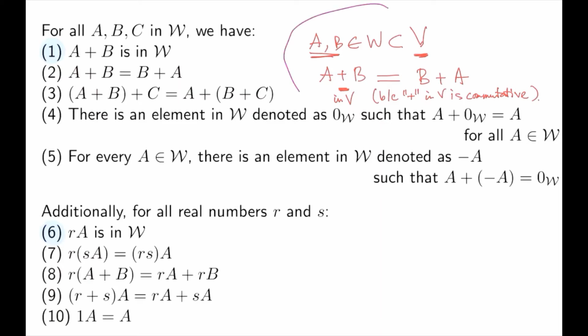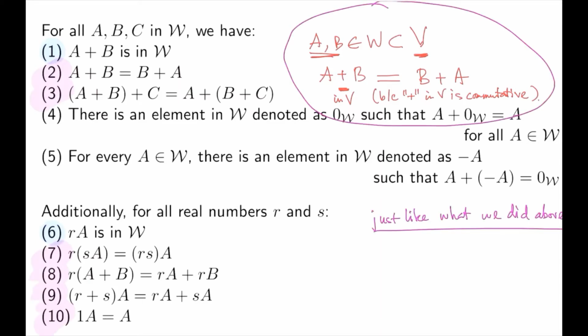Right. The only things left that we worry about are this property and this property. Now, why am I worrying about property number 4 and property number 5?